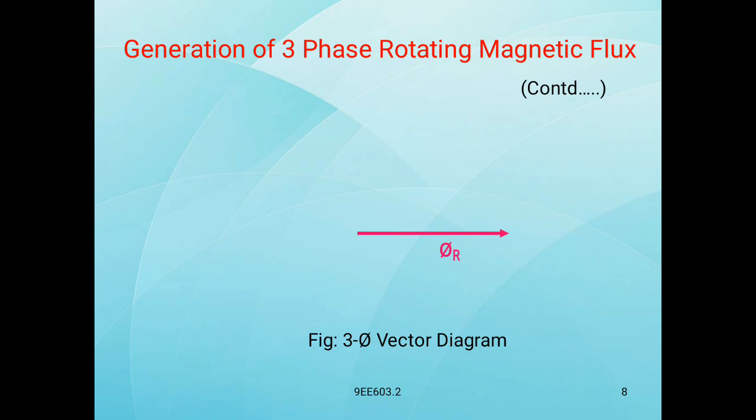Now phi R is taken as the reference on the x axis, that is 0 degrees. Next, the Y phase flux is displaced by 120 degrees, and phi B is also displaced by 120 degrees.